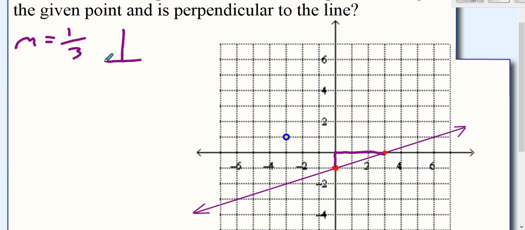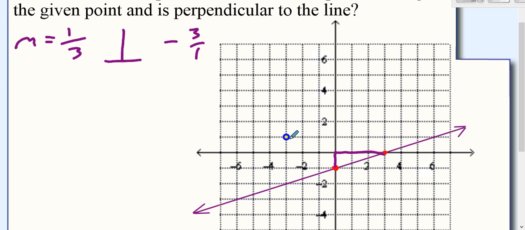You need to flip the fraction and change the sign. So we're going to flip 1 over 3 to become 3 over 1. And you have to change the sign because you're doing the opposite reciprocal. So it was positive, you change it to negative. So negative 3 over 1, going from this point.